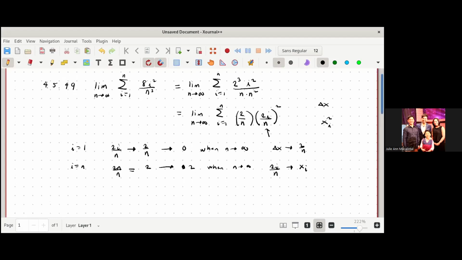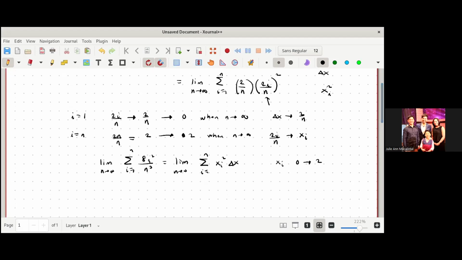Ngayon, with that identification, yung limit as n approaches infinity now looks like sum from i equals 1 to n, x sub i squared delta x. Tapos, nagsasum tayo from x sub i goes from 0 to 2. So this becomes the integral from 0 to 2 of x squared dx. Klaro ba?